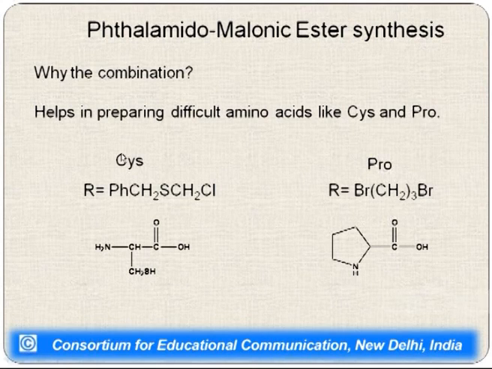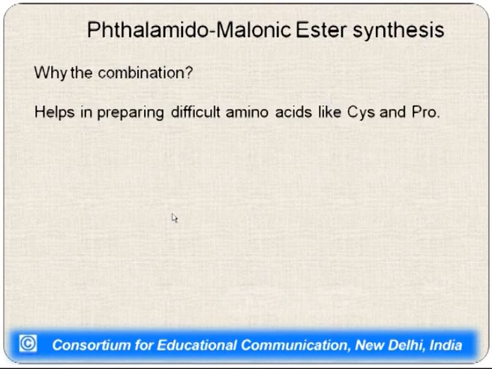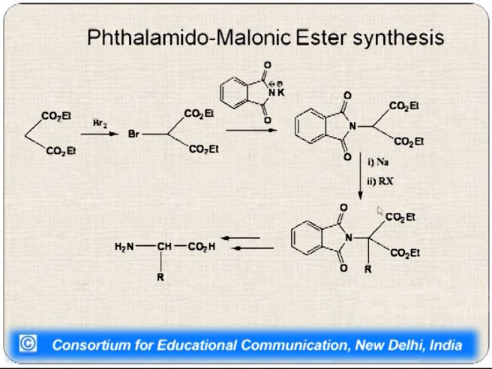So, taking cysteine first, we take the R group as PhCH2SCH2Cl. You have the R group here, reacted with the phthalimide in this form. We attack this R group here.